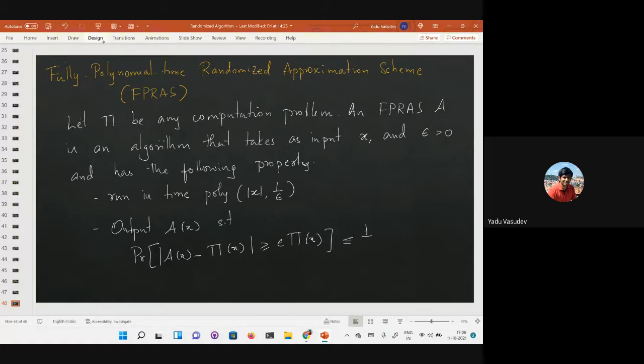Let's say it's 1 over 3. It doesn't really matter. That can also be a parameter, say delta, and then the running time would typically be something like log 1 over delta. It's not very important here, but 1 over 3 is fine.